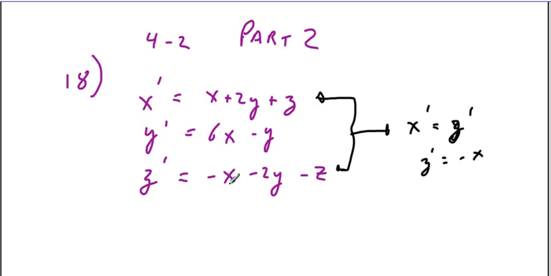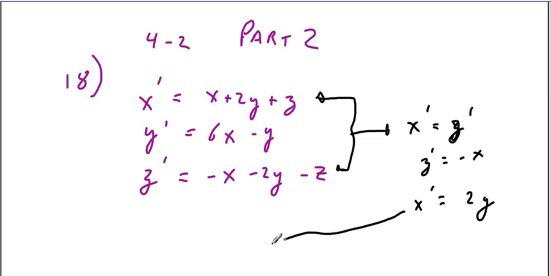So z prime is just going to be minus x, then x prime has to equal 2y.